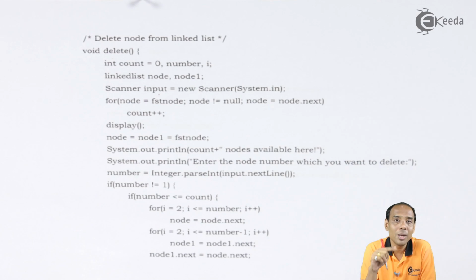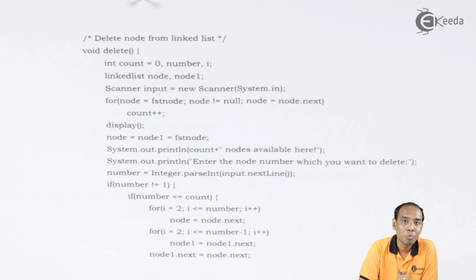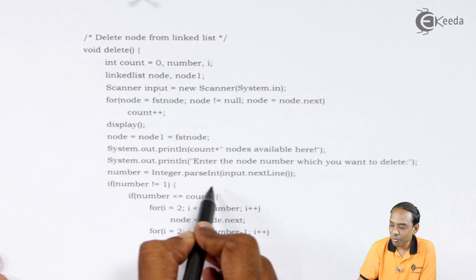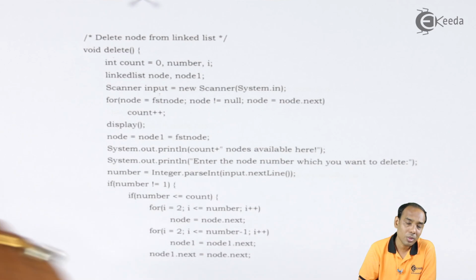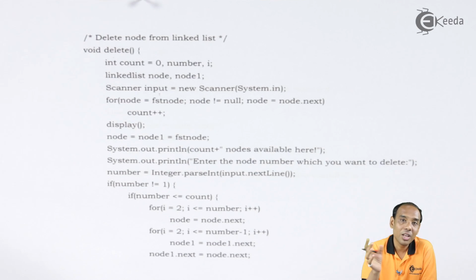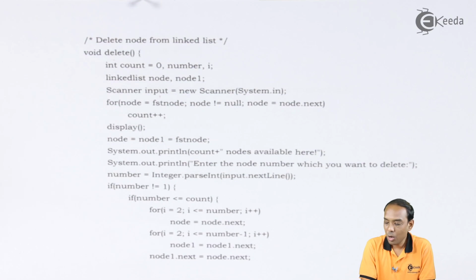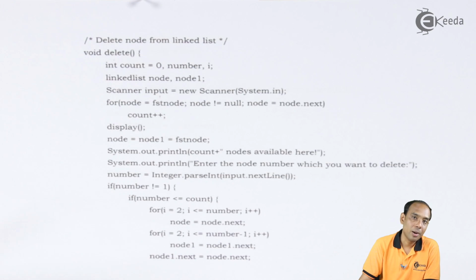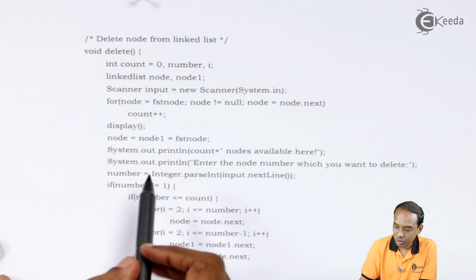So in that case, number equal to count is going to hold true. So if number less than equal to count, then I will move to the next condition. In the next condition, I will not start from i equal to 1. I will start from i equal to 2 because i equal to 1 I have taken for insertion. Up till now, we have taken the node number which the user wants to delete. Now we will go into checking the condition.